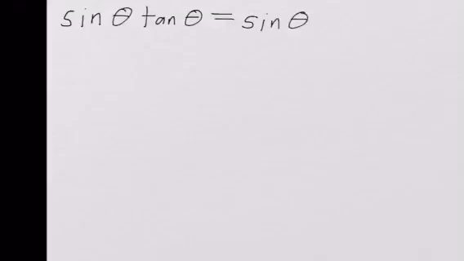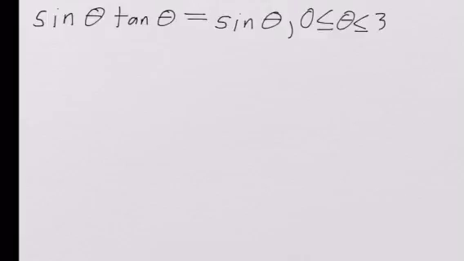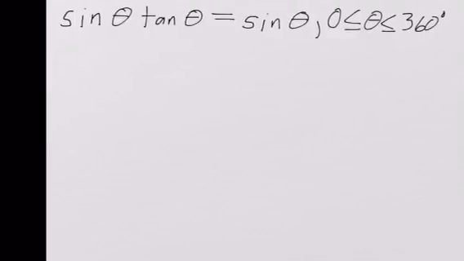And for all of these, we're only going to be looking for solutions where 0 is less than or equal to theta is less than or equal to 360 degrees. Or I'm sorry, not less than or equal to 360 degrees, strictly less than.